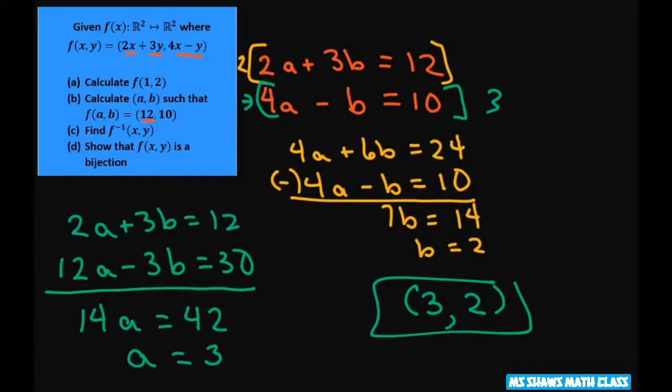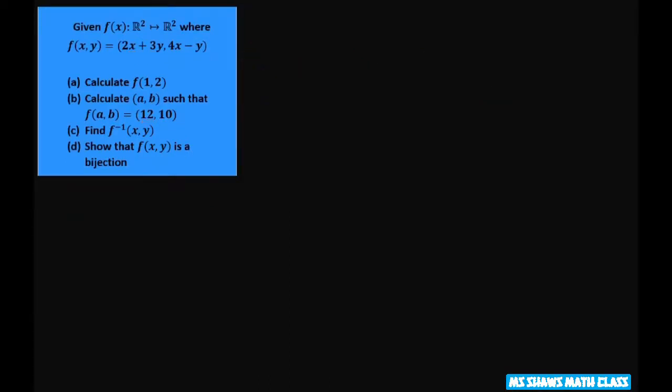All right, and for the next part, we're going to find the inverse. And how you do that is you let f of a, b equal some p, q. And this is standard for the Cartesian product.